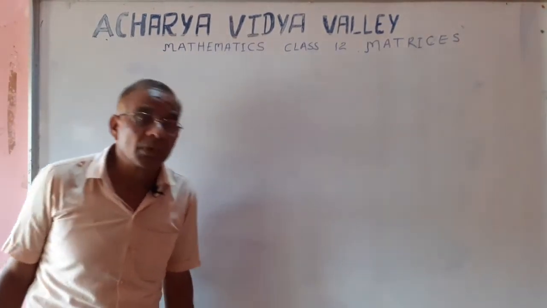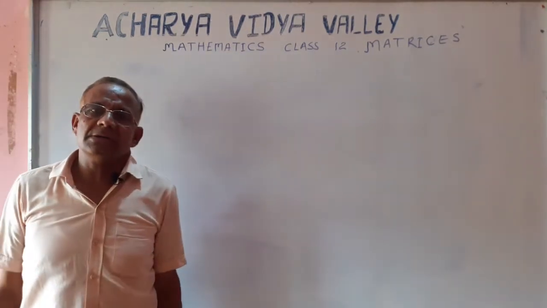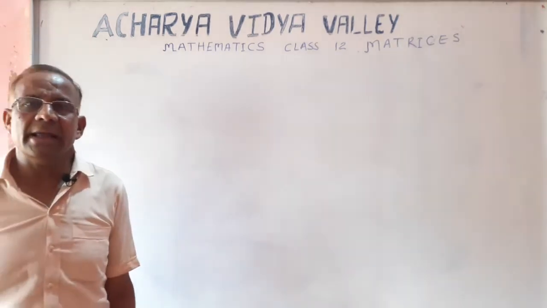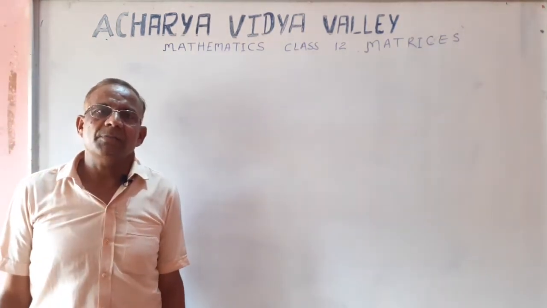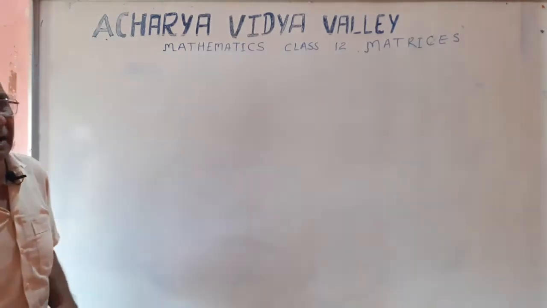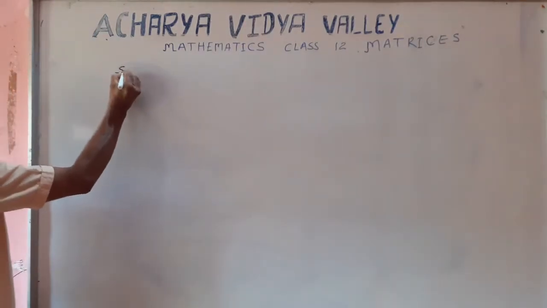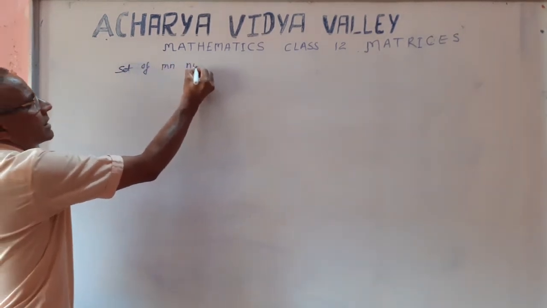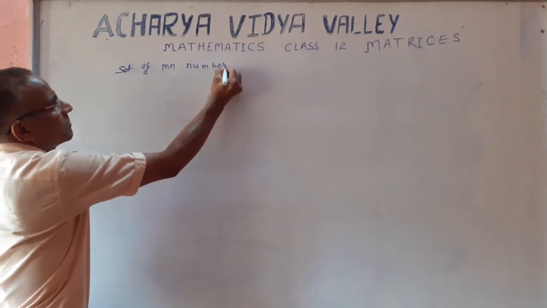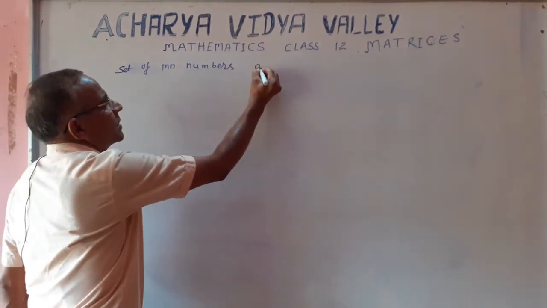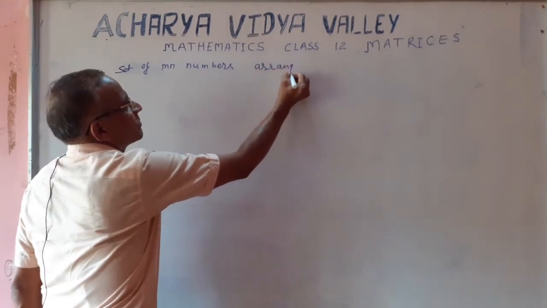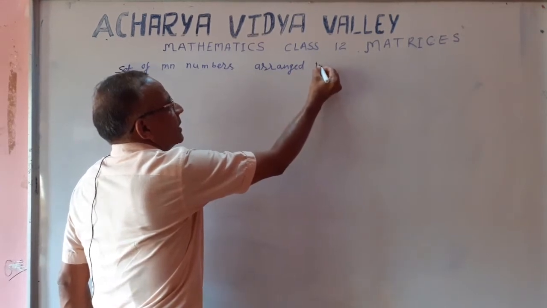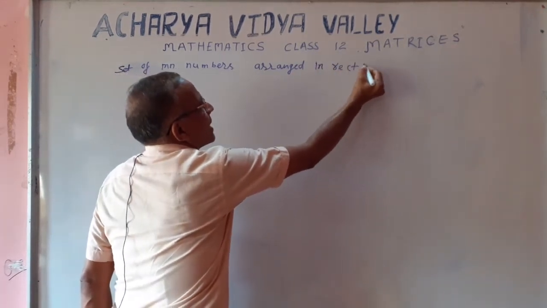Definition of matrix: a set of mn numbers arranged in m rows and n columns, in rectangular form, is called a matrix of m by n.